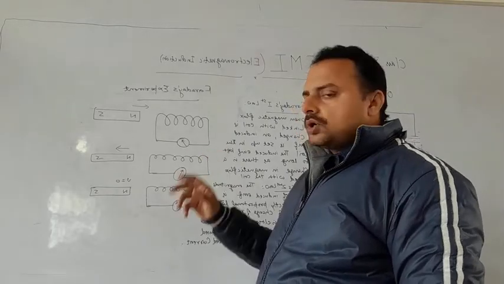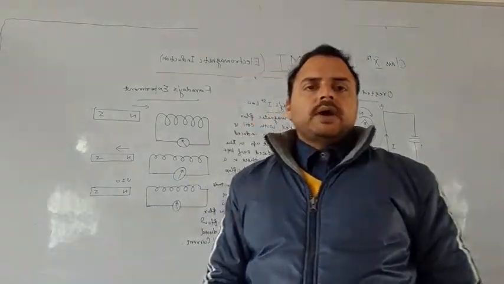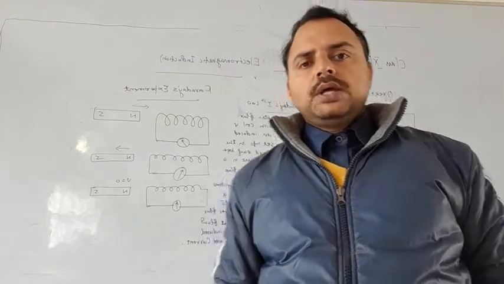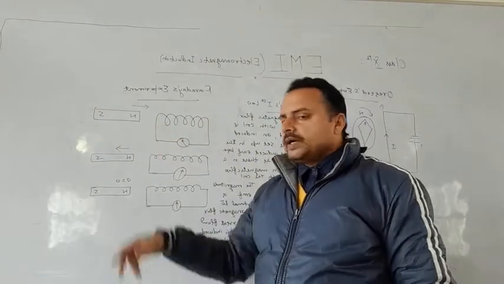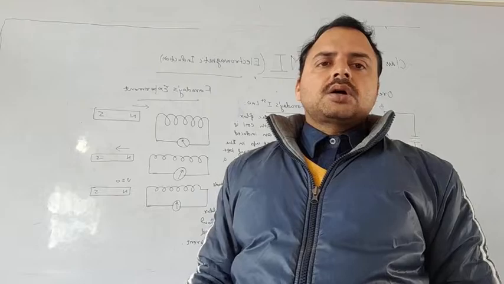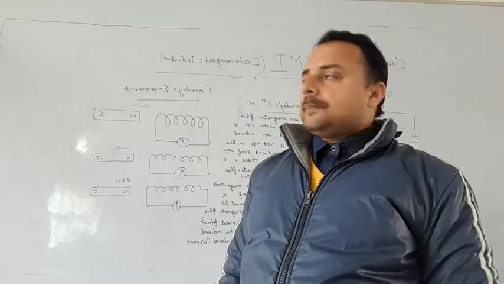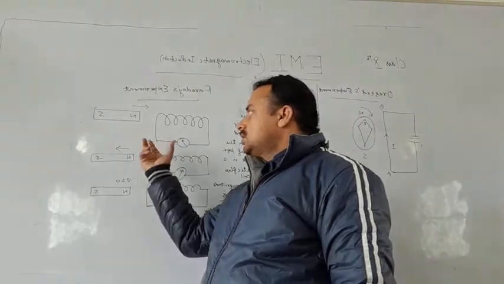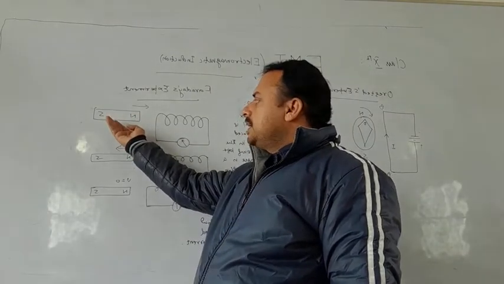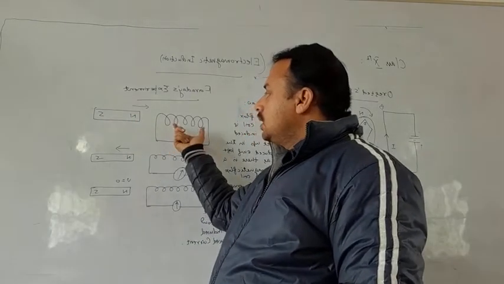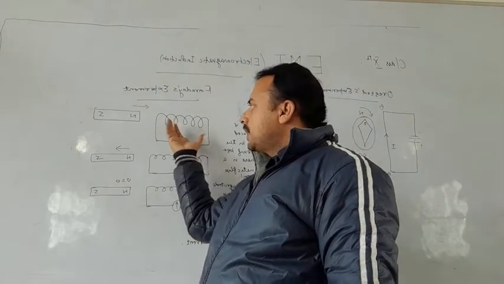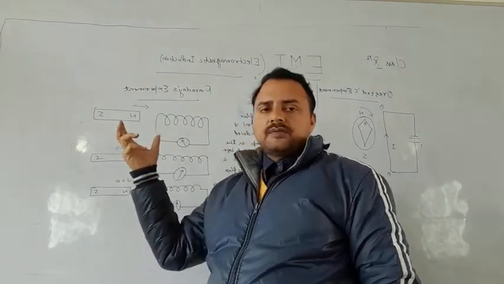So Faraday thought that when there is a relative motion between coil and magnet, there is a current in the coil. Faraday suggests that when the magnet is approaching toward the coil, there is a change in magnetic flux. And what is magnetic flux?